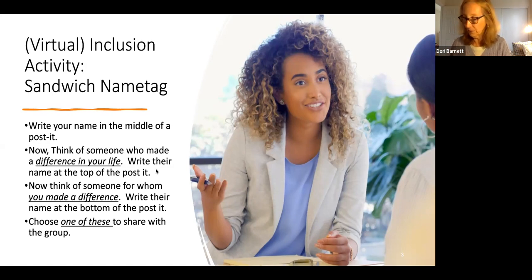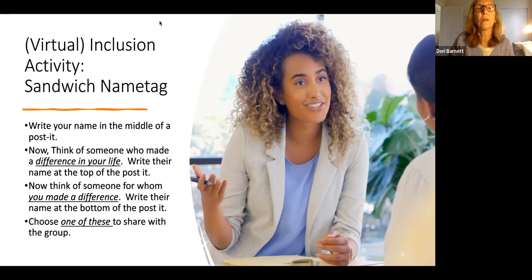We have a couple of students, but in your work so far, try to think of a child, youth, or an adult, someone school-age, for whom you've made a positive difference in their life, and write their name below yours. So it looks like this: your name in the middle, the person who had a positive influence on you at the top, and the student for whom you made a positive difference at the bottom.